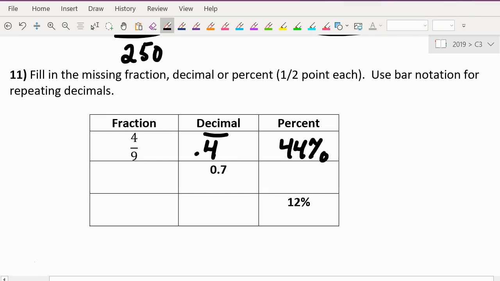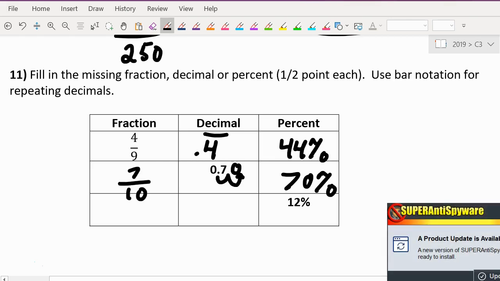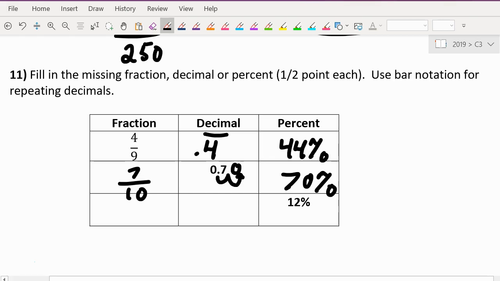Decimal, what percent is that? Remember, we have to move that decimal over twice, not just once. 70%. What's the fraction? 7/10. All right, what about 12%? How do we type that in a calculator? 0.12.